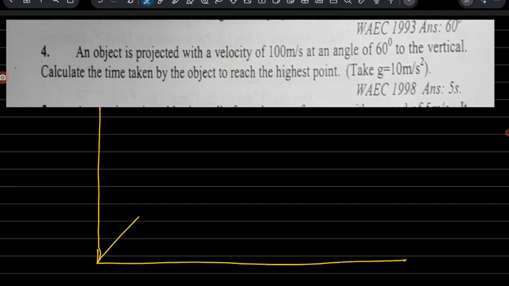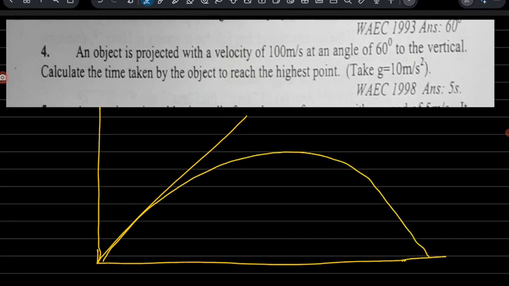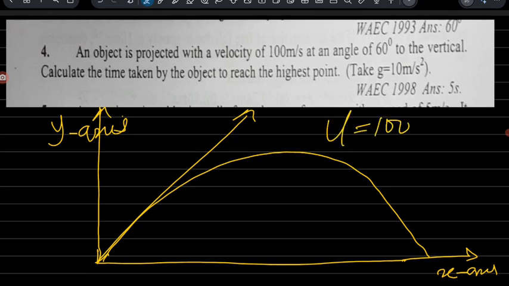Now, let's consider this again. Remember, it made the same statement. This is the x-axis, this is the y-axis. I've tried to explain before now that we are given u again to be 100 meters per second.